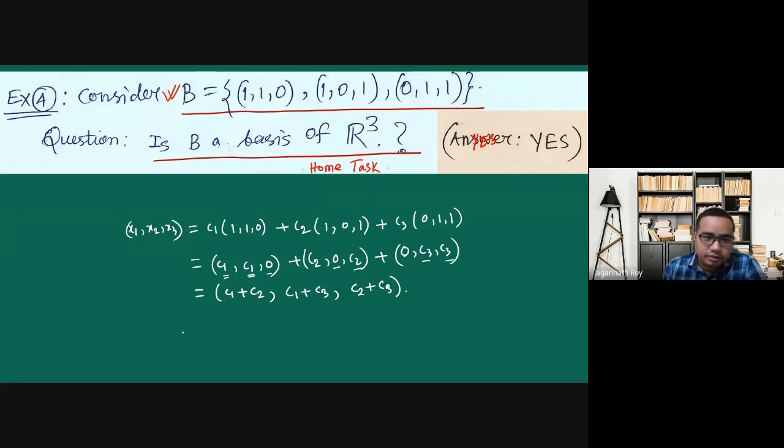Okay. So we have a system of linear equations. We have to find C1 plus C2 is actually X1. C1 plus C3 is actually X2.